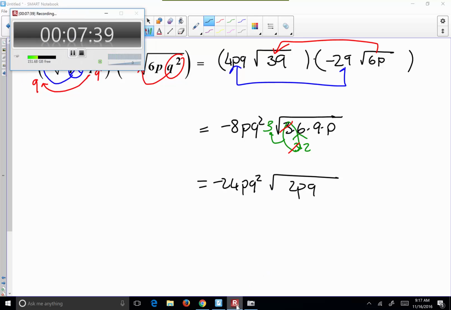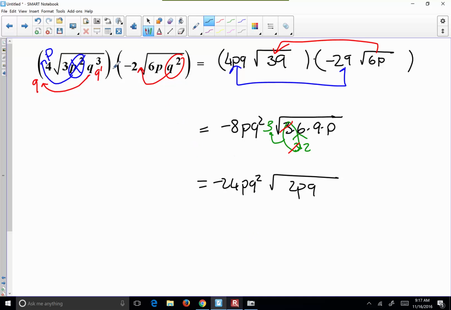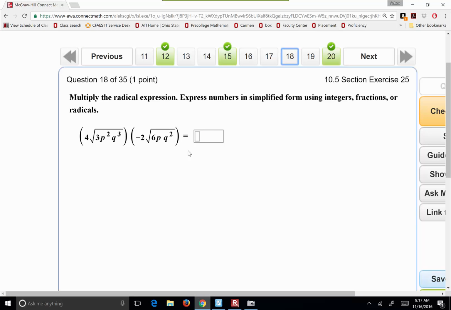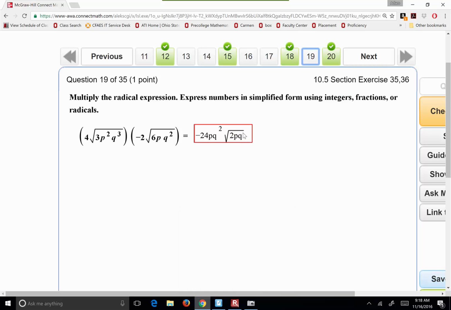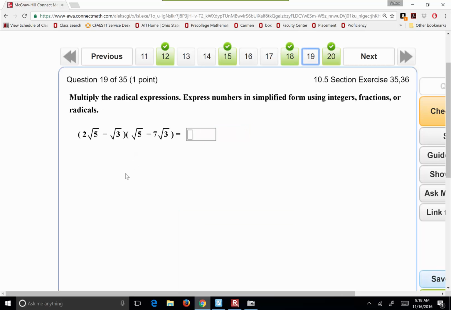Alright, next question. Number 19. Number 19 is again multiplication of radicals, but this time in the first group you have 2 radicals, in the second group you have another pair of radicals.